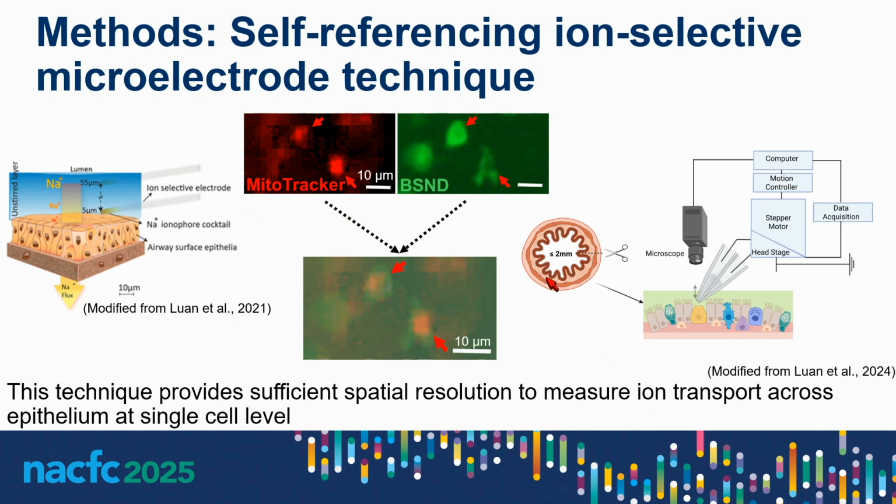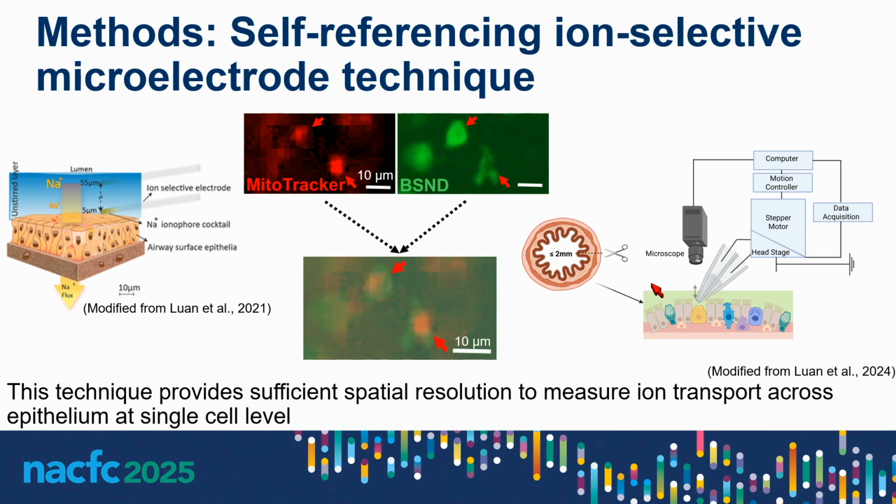So we collect the distal airway tissue, smaller than 2 millimeters in diameter, from the swine lung, and we incubate with MitoTracker. We use MitoTracker to screen those mitochondria-rich cells. Since the pulmonary ionocyte is a mitochondria-rich cell, it's highlighted in those MitoTracker scanning images.